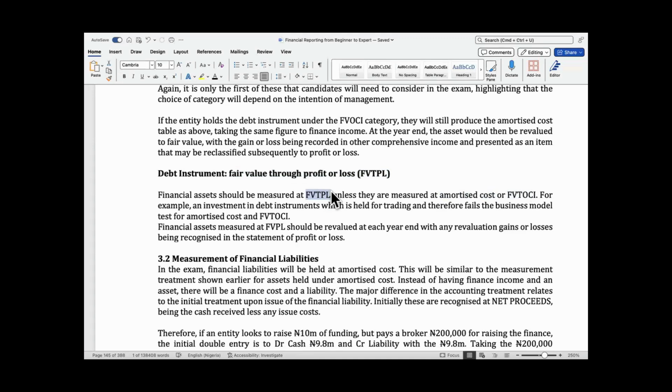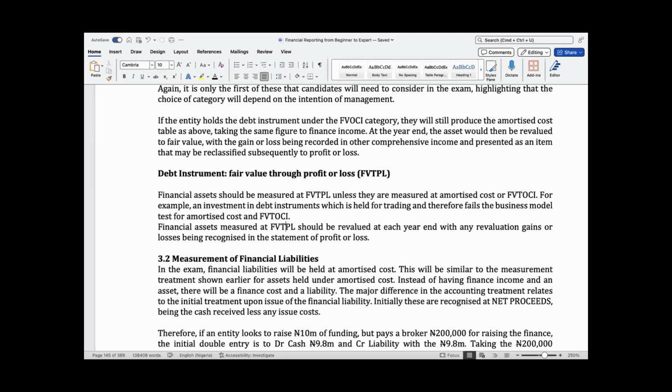Saying it is a default classification also means that an entity can decide at initial recognition that it wants to classify and measure these debt investments at fair value through P&L. He can decide right from the outset that this is how he wants to measure it. So fair value through P&L is a default classification.